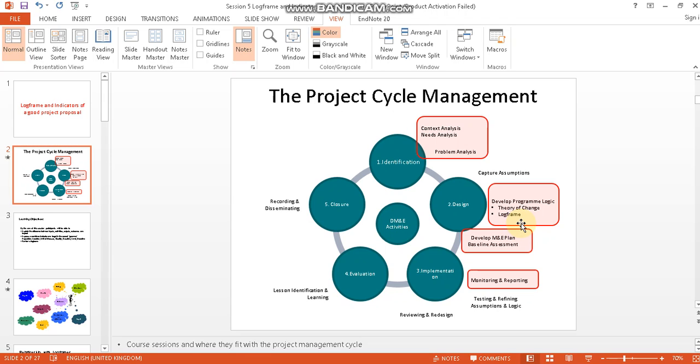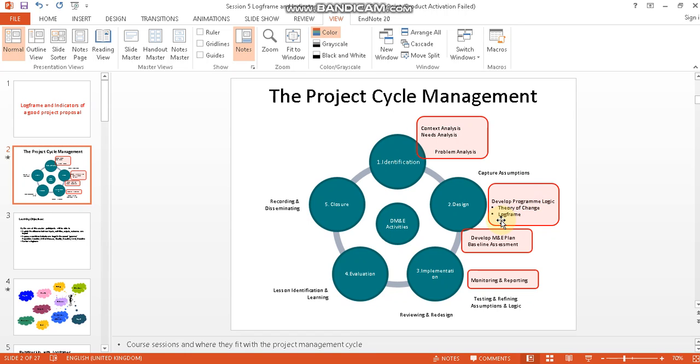On the horizontal part, there will be indicators, means of verification, and assumptions. As you can see here, if we correctly assume the situation right in the beginning, then that's going to contribute in achieving the project targets.